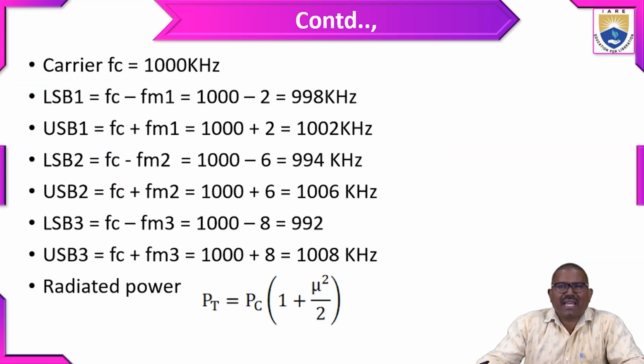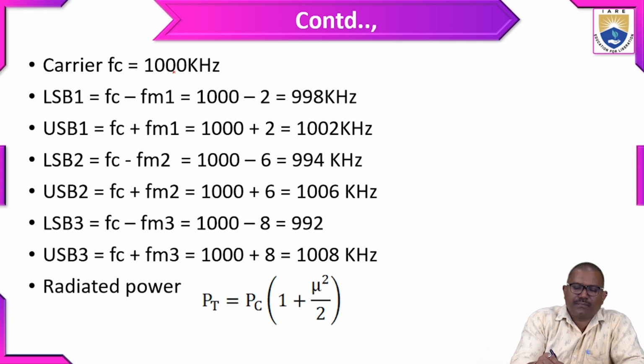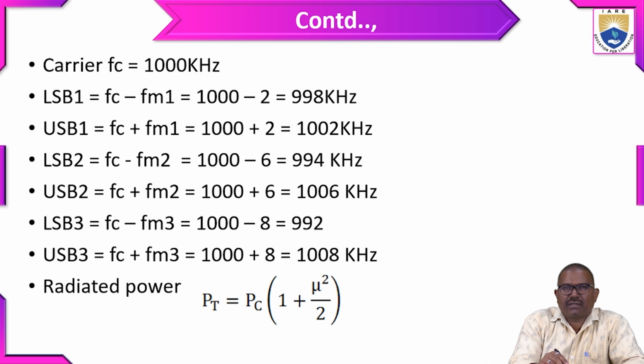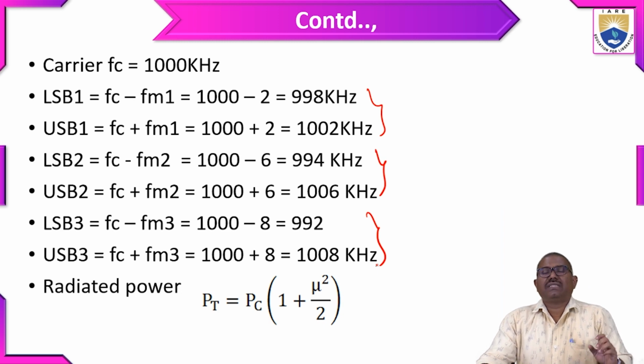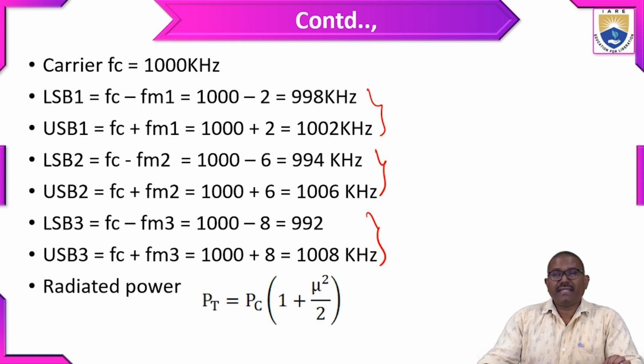Okay, so here the frequencies present in the modulated wave. First take the carrier. Carrier frequency FC is equal to 1000 kilohertz, which is nothing but 1 mega. LSB1, lower sideband 1, is equal to FC minus fm1, for the first message signal, because I am using 3 message signals.